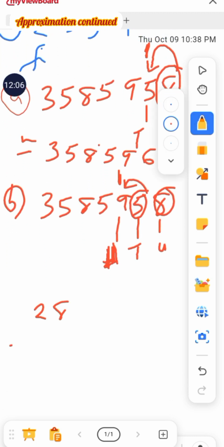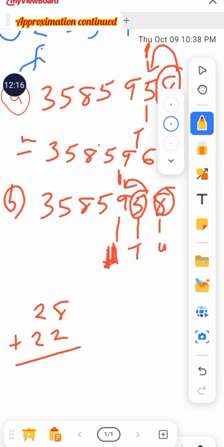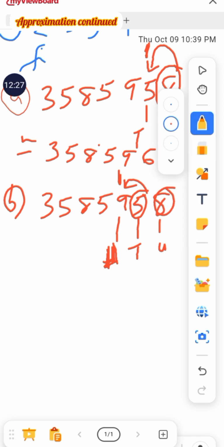And you know that in our day-to-day mathematics, let me quickly do something. If I say 28 plus 22, 8 plus 2 will give us 10. Do I write that 10 now? No, I don't do like that. Rather, what will I say? I'll write 0, and I'll carry 1. So the same thing we normally do when we are doing simple addition is also the same thing that we are going to do here. So 9 plus 1 will give us 10.